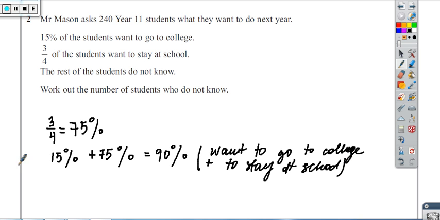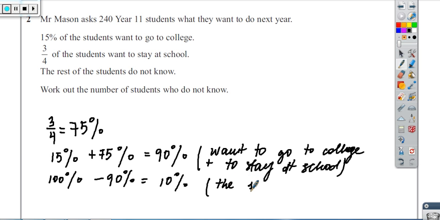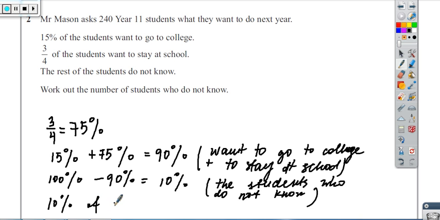And then you calculated 10%. If you subtract 90% from 100%, you get 10%, the students who don't know. And then 10% of 240 would be 240 divided by 10, 24 students. Okay.